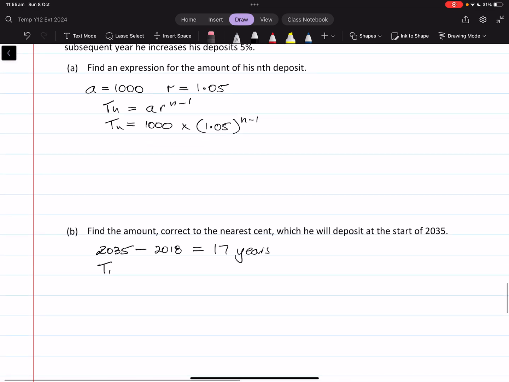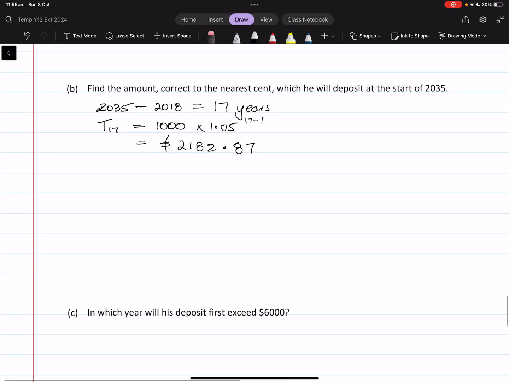So term 17 is going to be 1,000 times 1.05 to the power of 17 minus 1, n minus 1. So it'll be the power of 16. So when you type that in the calculator, don't forget your units, I believe we get $2,182.87, correct to the nearest cent.